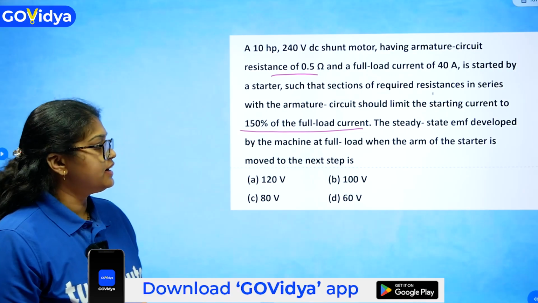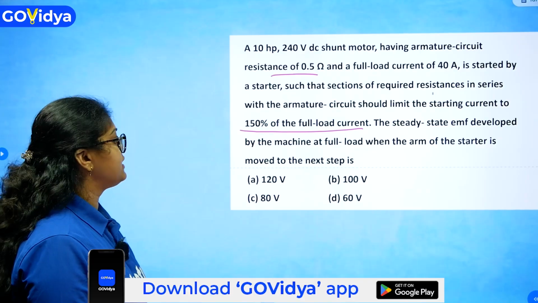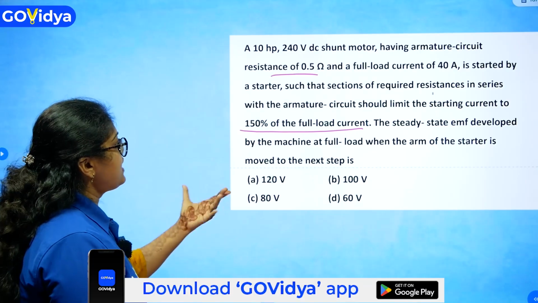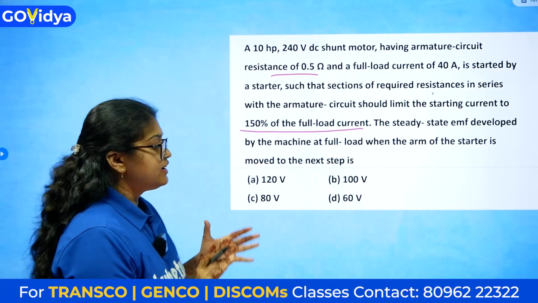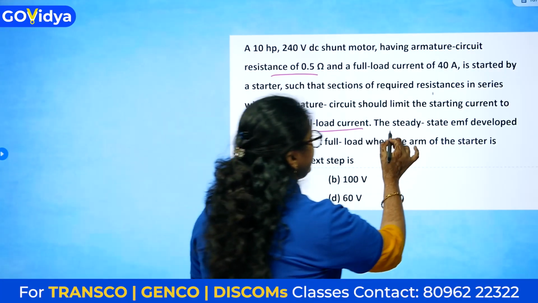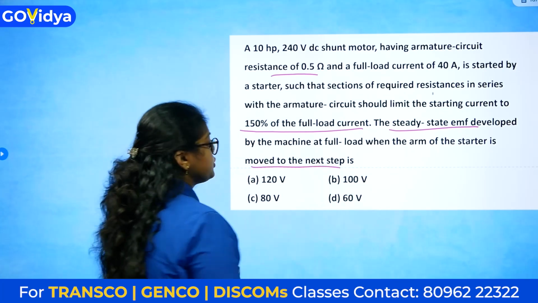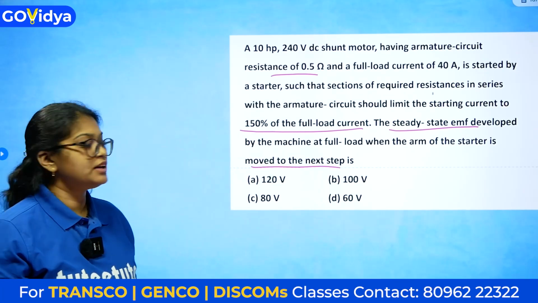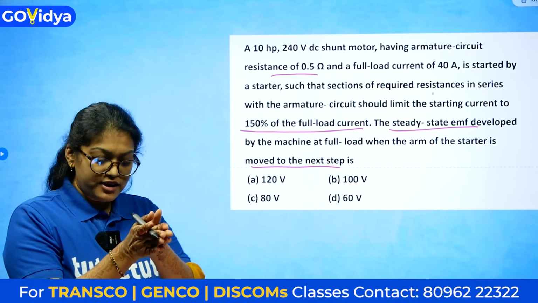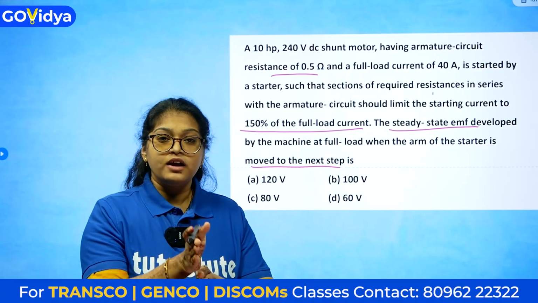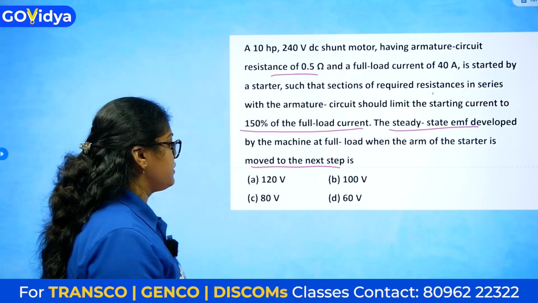What is the steady state EMF developed by the machine at full load when the arm of the starter is moved to the next step? The question is lengthy, but don't be afraid of that. We have to calculate the back EMF when the starter is moved to the next step.